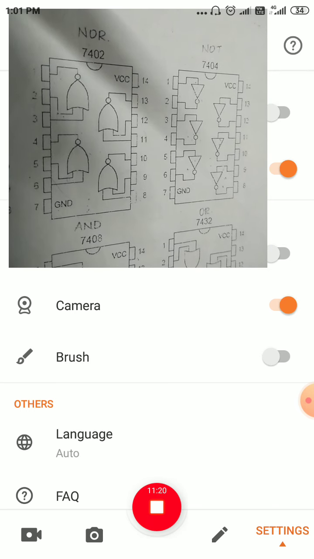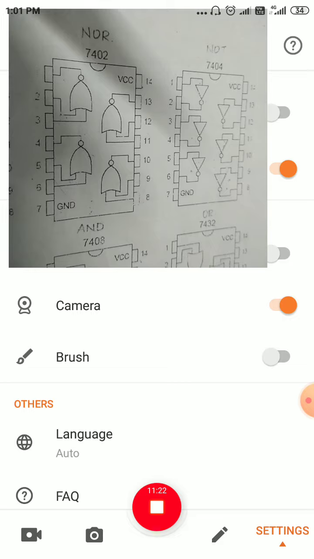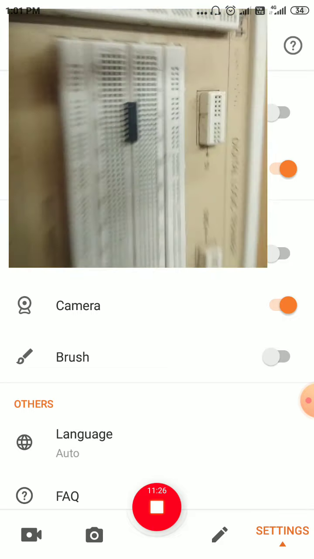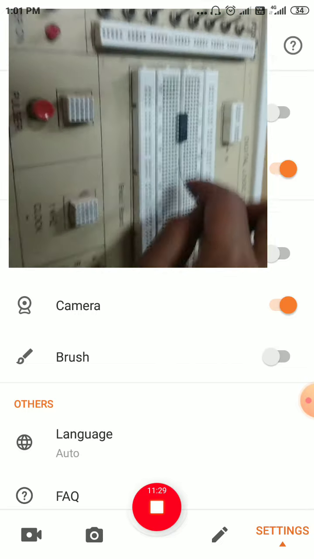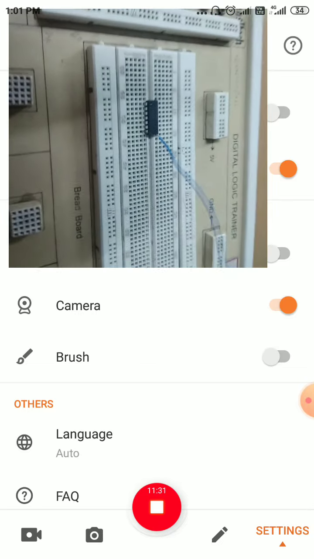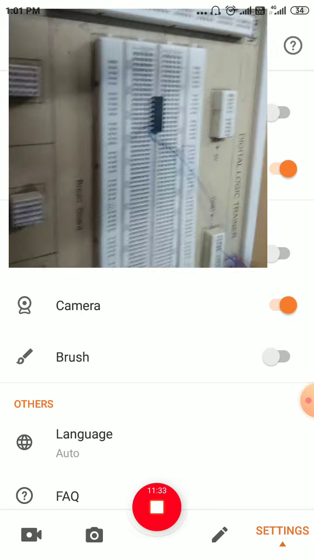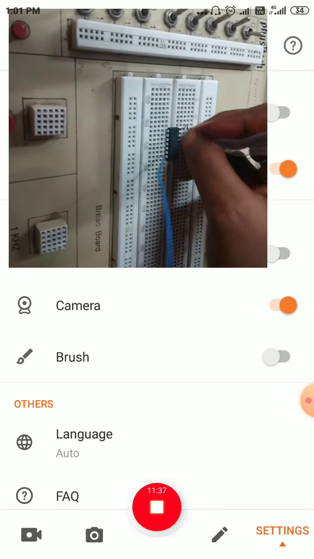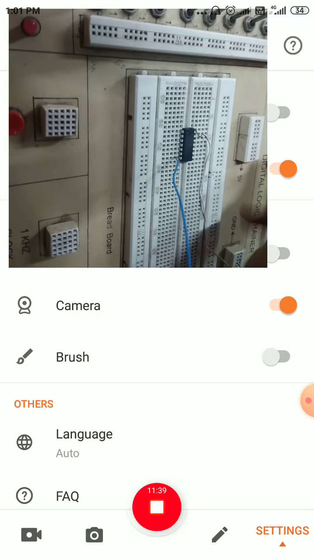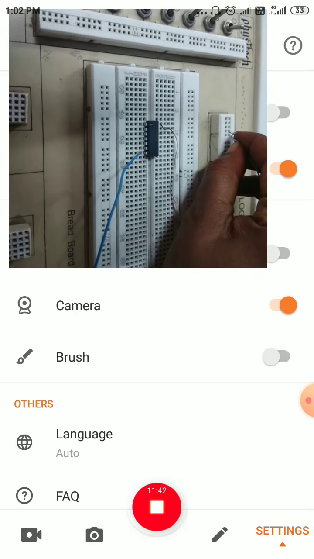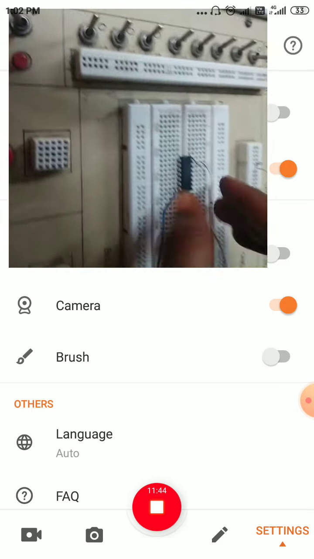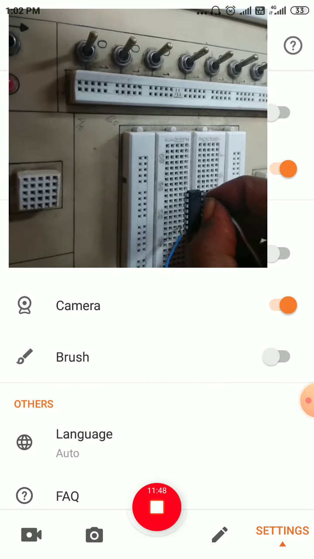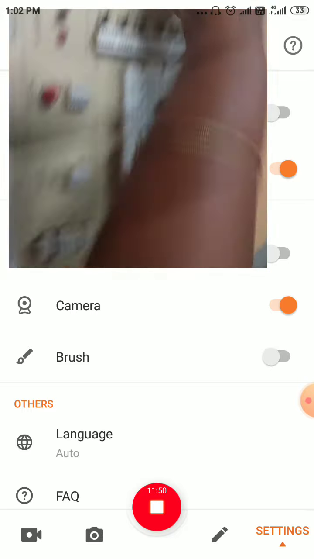Now coming to verify the first gate: the first pin is the output, and the second and third are the inputs. Now I am connecting it on the breadboard. First we keep the 7th pin as ground, and the 14th pin as VCC.